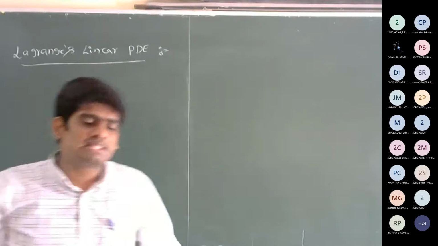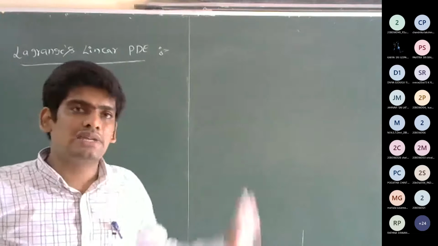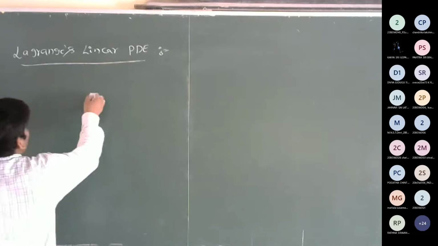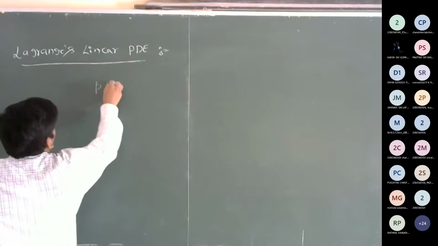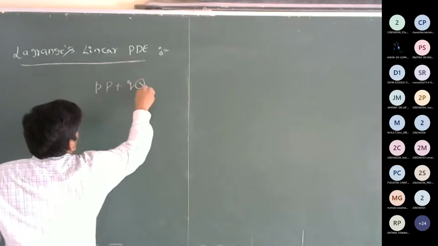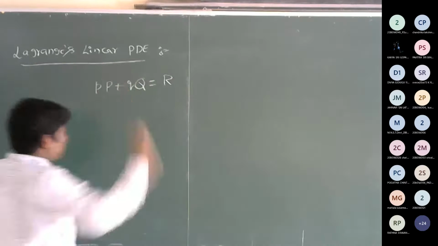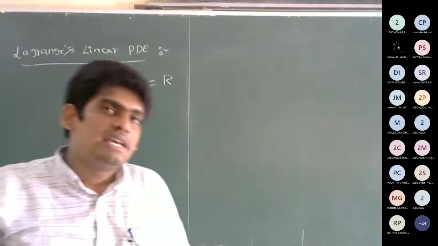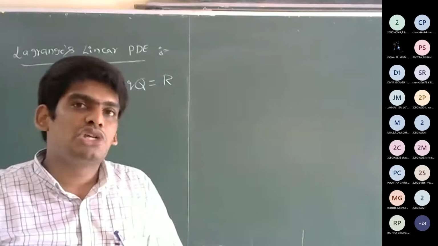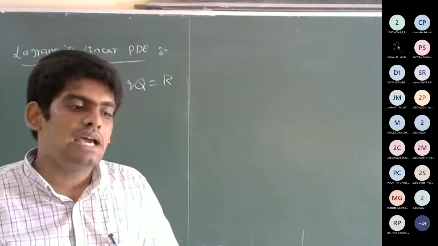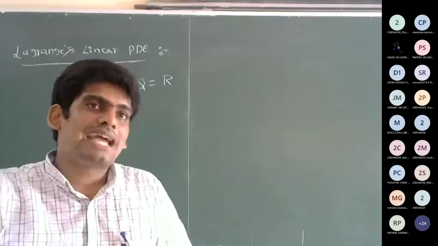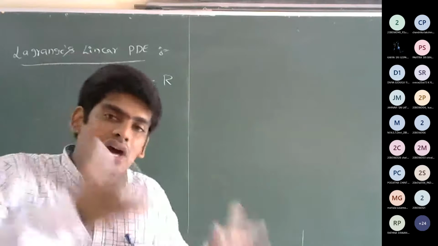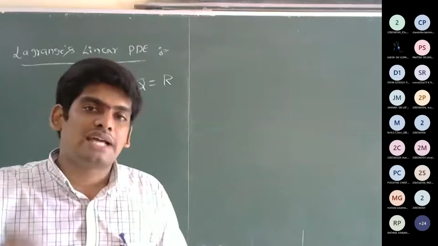What is meant by Lagrange's linear PDE? It is a very simple one. Just listen very carefully, you don't write anything. A partial differential equation is of the form capital P p plus capital Q q is equal to capital R. Here, capital P, capital Q and capital R are either constants or functions of x, y, z.